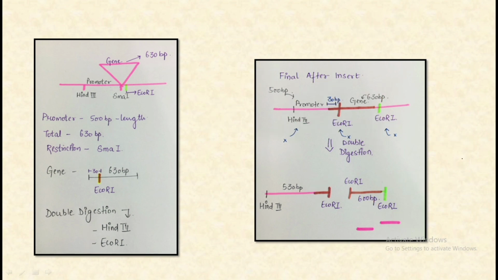This is how the final product would look. This is the first fragment and the second fragment, and in addition we would also have some vector backbone. Why? There must be some flanking area left of the vector that we have created. So these are the flanks of the vector backbone.